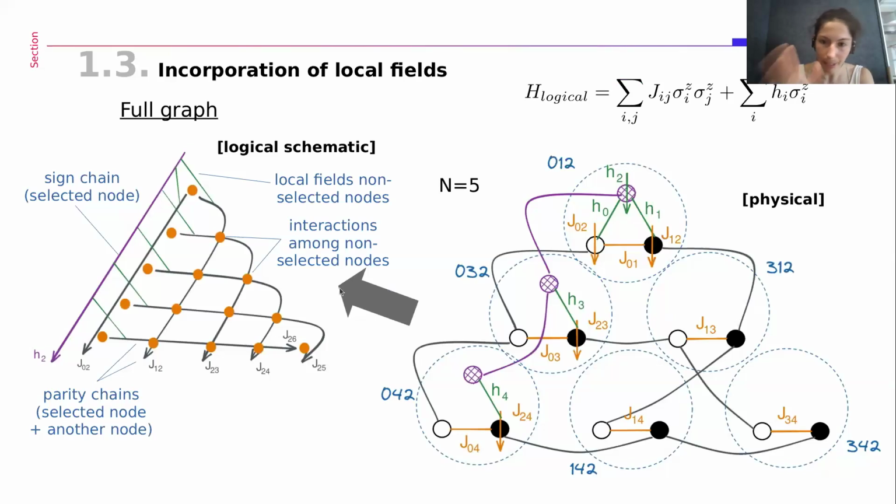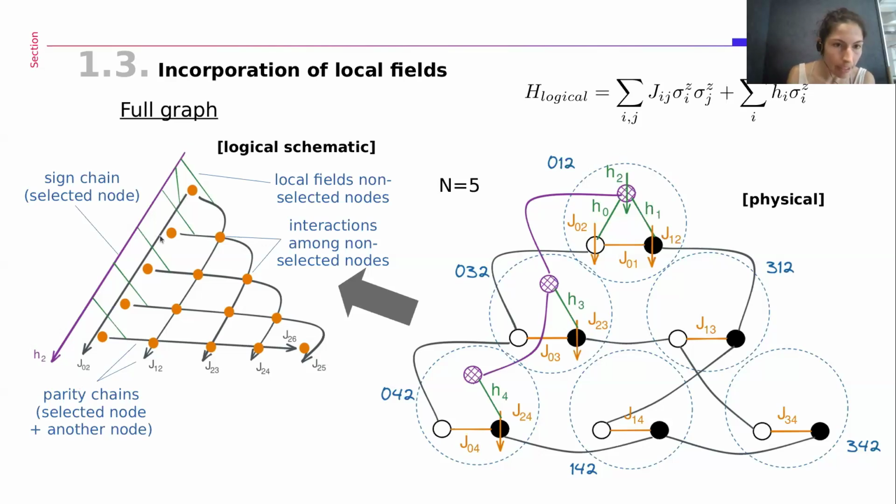in which, if you look at it closely again, you see that the logical chains that we had before are still there. So this would be this, and this would be this and this, and we just added an extra one. And I didn't mention this before, but notice that these logical chains, the ones that are not referring to the sign qubit, so the ones that we had before, are just the parities between the reference node that we selected in the triangle choice, which in the example that I showed before was node 2.